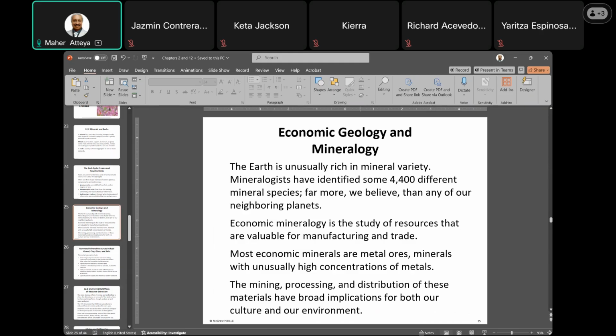The Earth is really full of minerals, and mineralogy studies 4,400 different mineral species, far more than we believe exist on any of our neighboring planets.